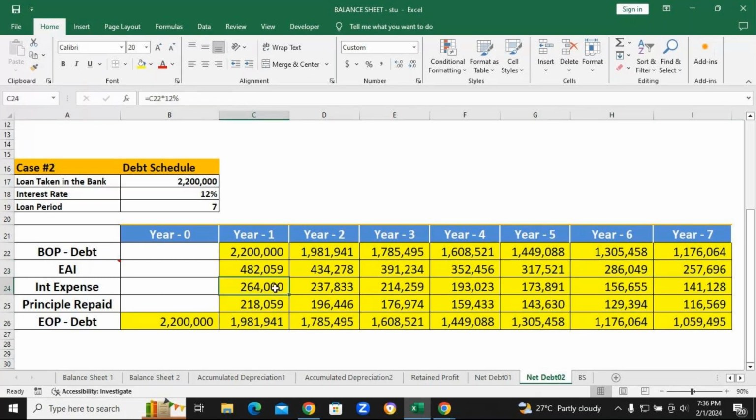Interest expenses. Okay, so here E23 minus E22. So here C22 minus C25.